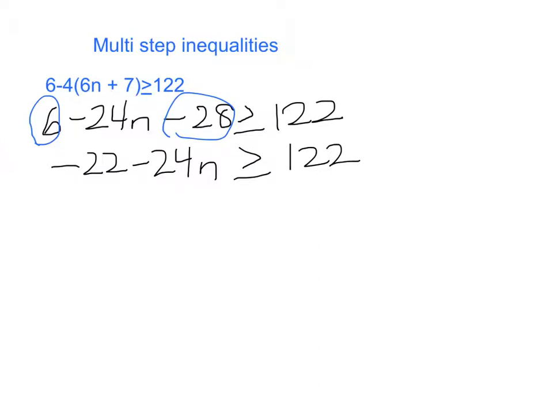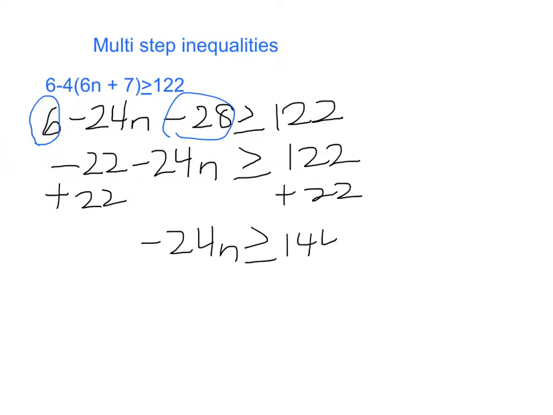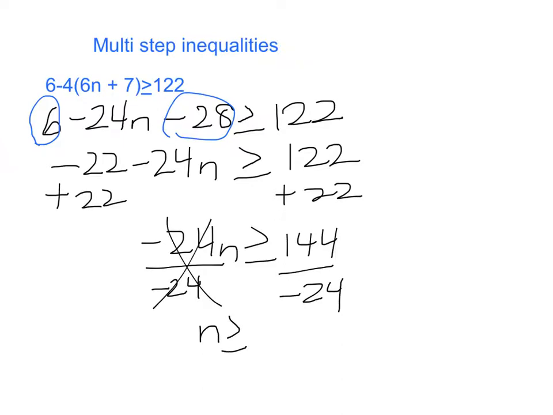Now you have to add 22 to both sides, so you would do plus 22 plus 22, and that would give you -24n is greater than or equal to 144. Now you just have to divide each side by -24. This would cancel, and n would be greater than or equal to -6.